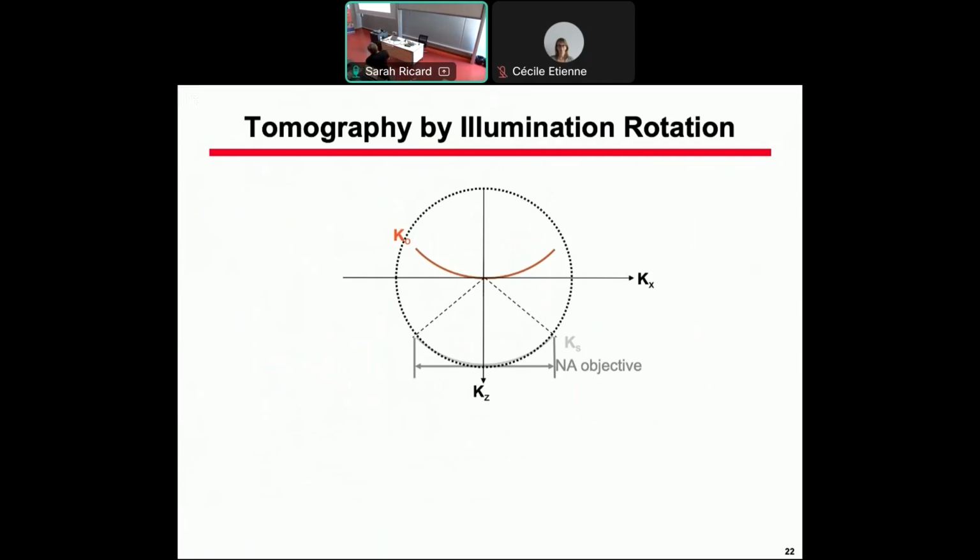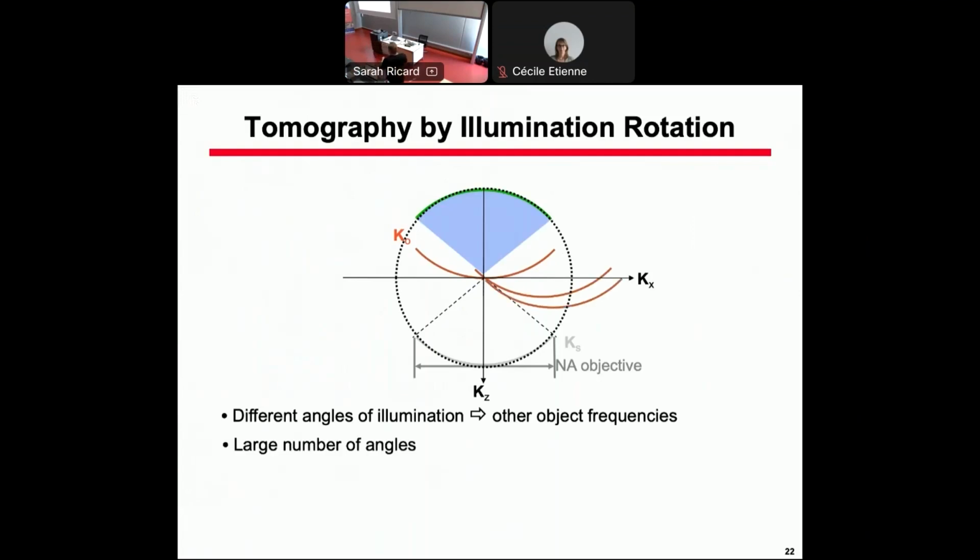Illumination rotation is simply synthetic aperture. Meaning that if I control the illumination, I will detect the same direction. The objective has not moved, but minus Ky is different.